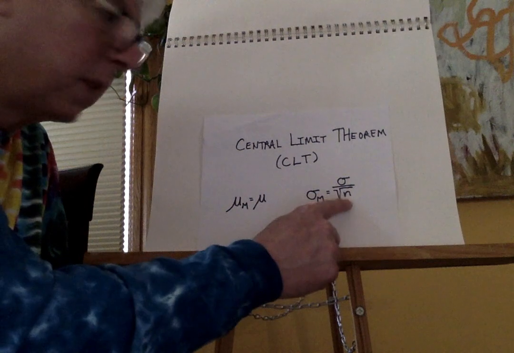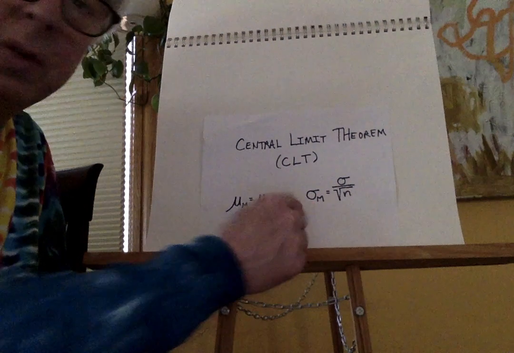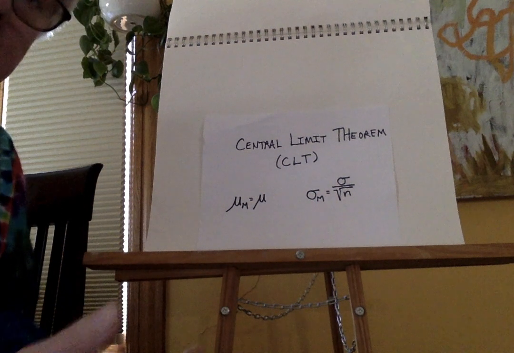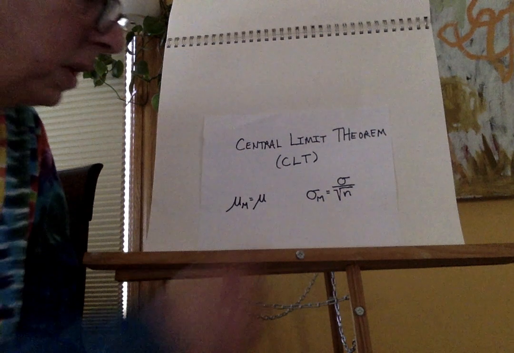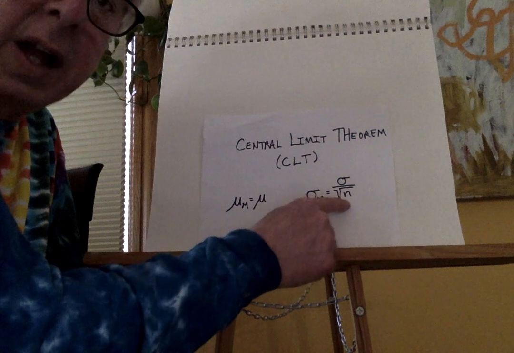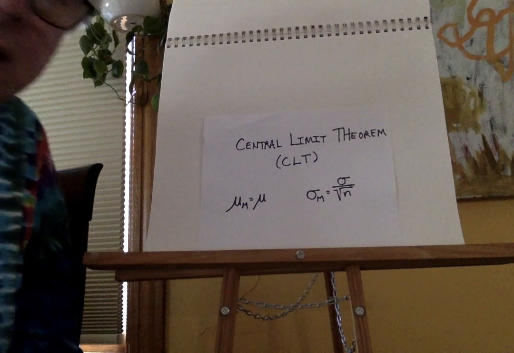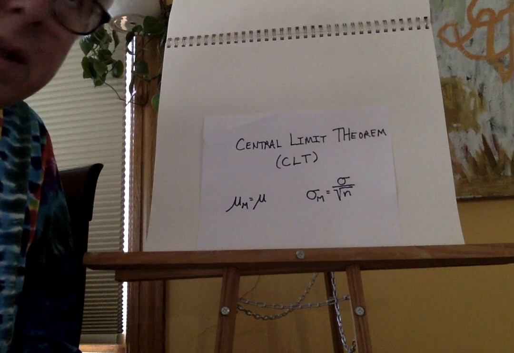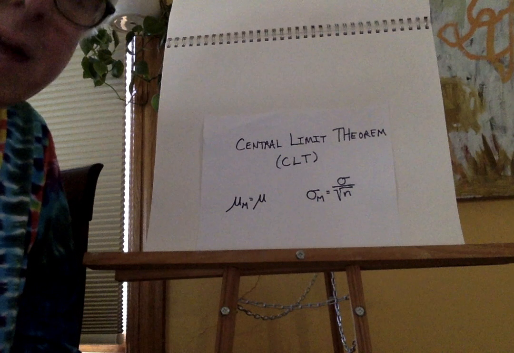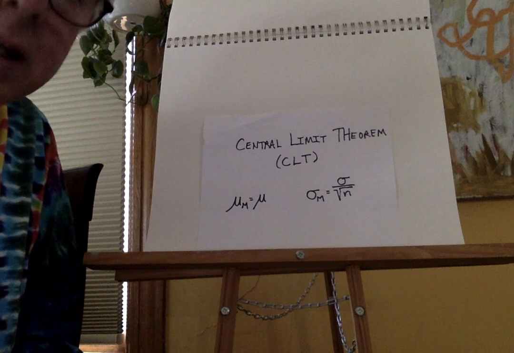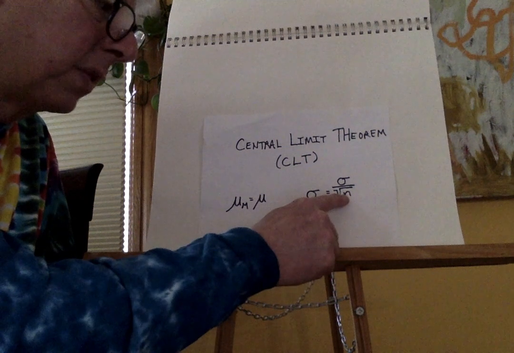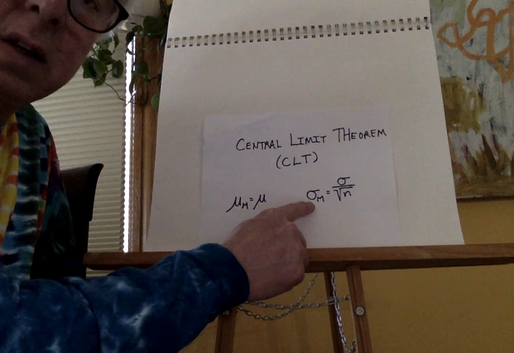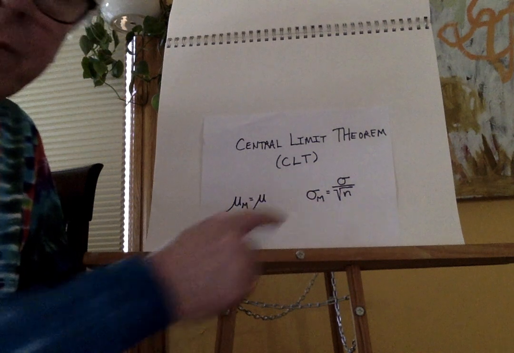As this number increases, the output will decrease. That's what we saw in those graphs. Now, it's actually the square root of n instead of just putting n there. There's a mathematical reason for that we don't need to get into. The basic concept there is as we increase the sample size, we see the decrease in variability. Okay?